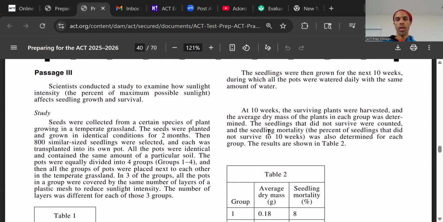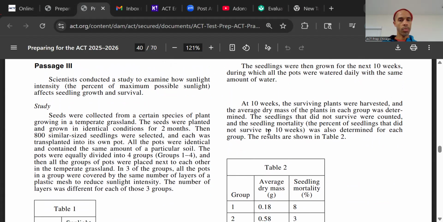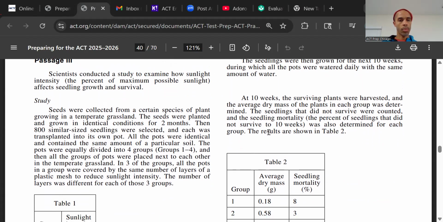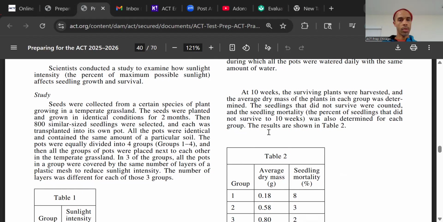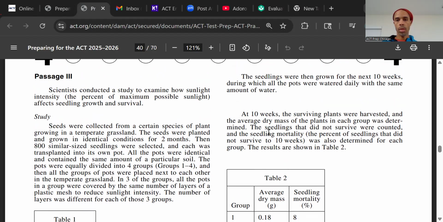We just know that once you take them all, you did the average. They didn't tell us how many were in each group either.